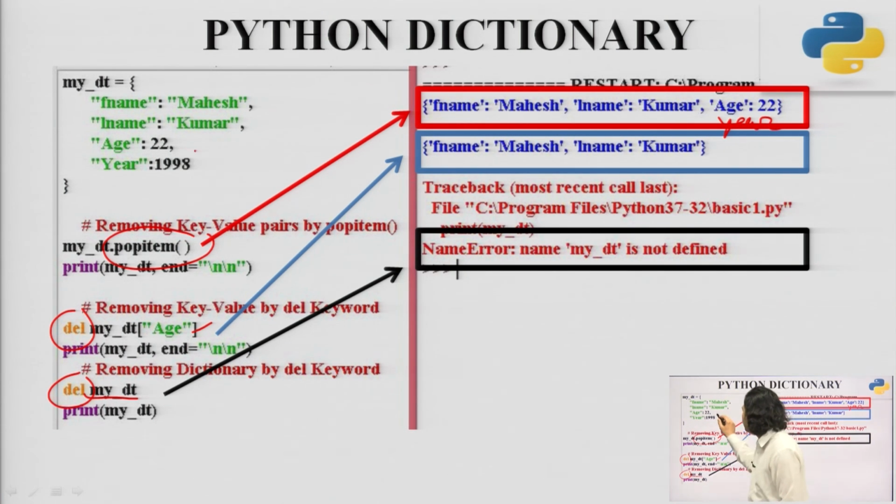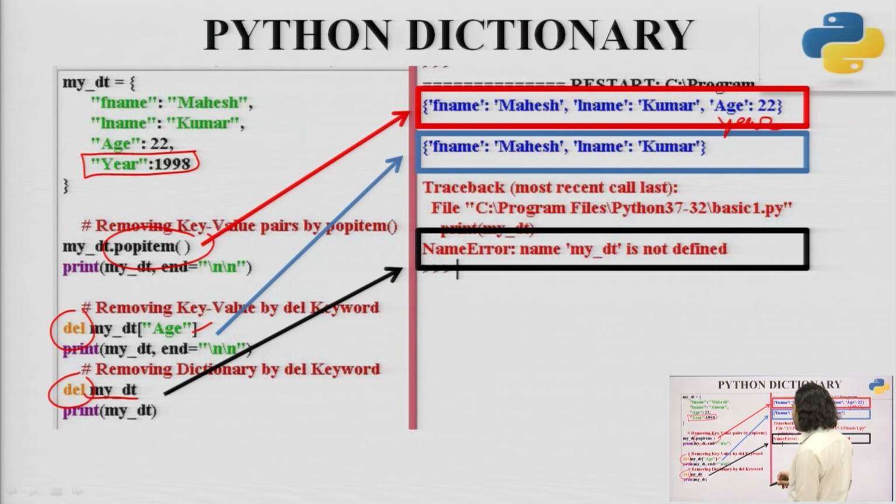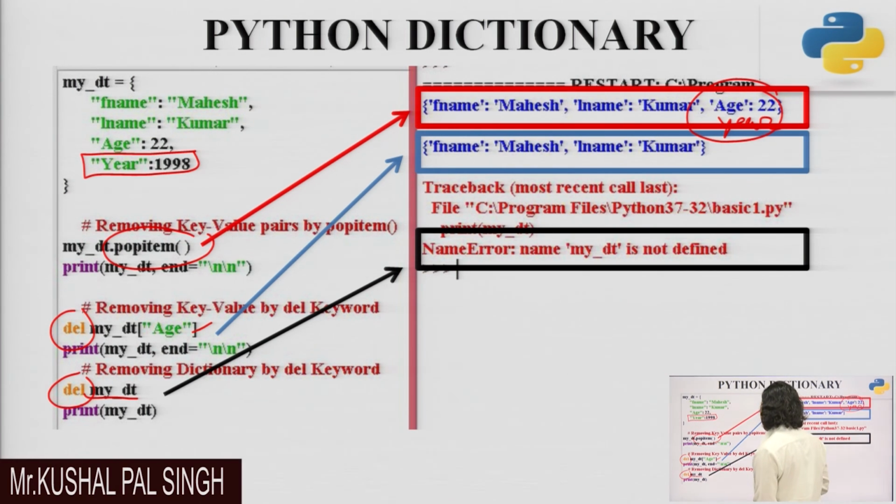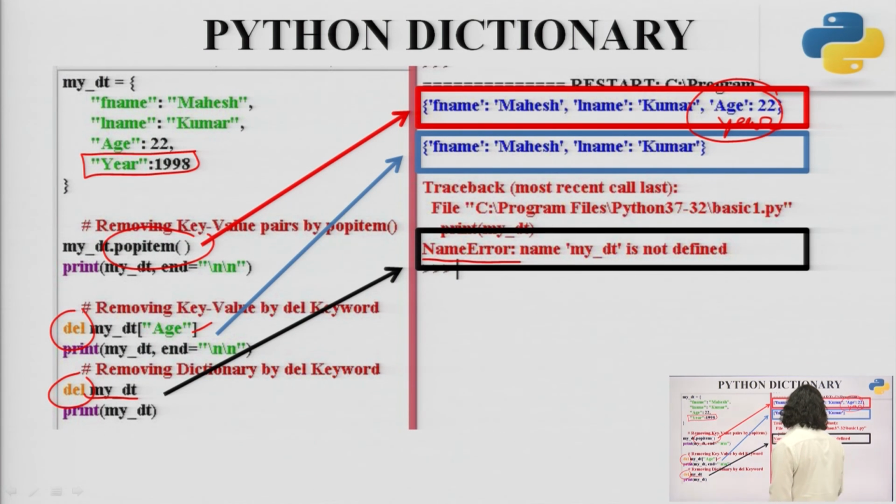That means, the last element from myDT has been removed. In the second operation you can successfully see that the age key element is removed, and with the help of the last operation you can see that the variable is no more. It is written as NameError in Python, and here you can see that myDT is not defined. That means it is no more in the memory.